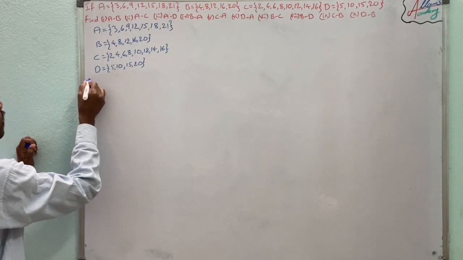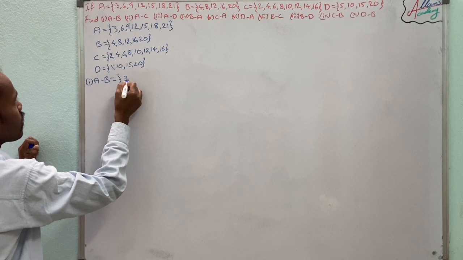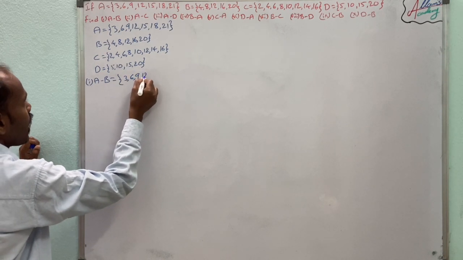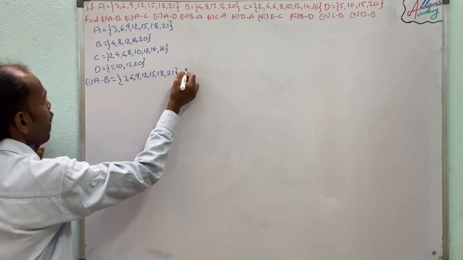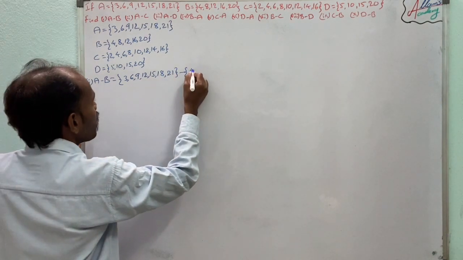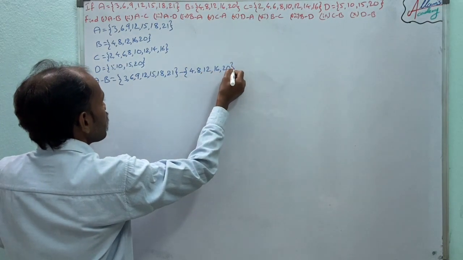Now we find the first answer, A minus B. That is 3, 6, 9, 12, 15, 18, 21 minus the set B, 4, 8, 12, 16, 20.